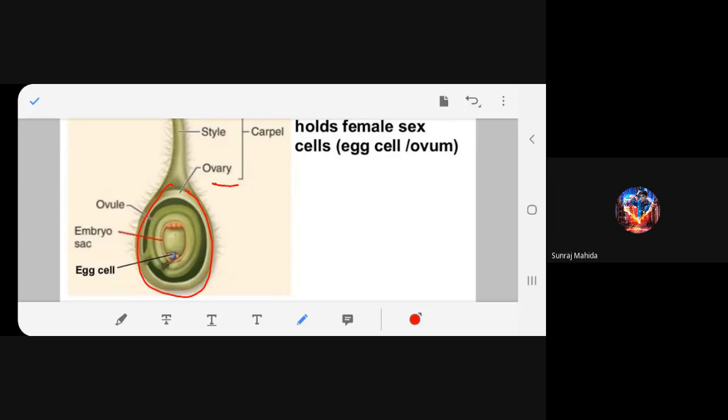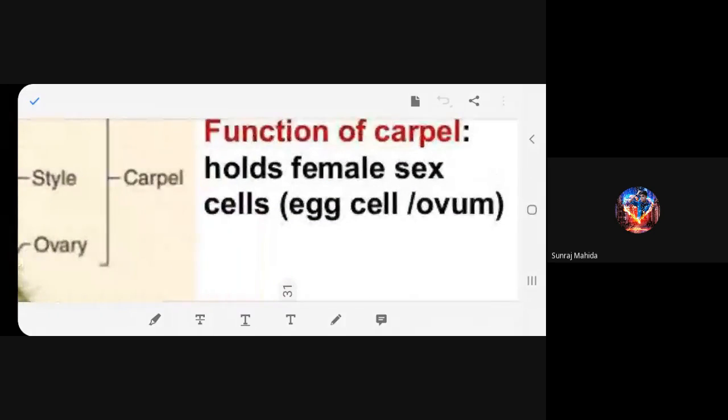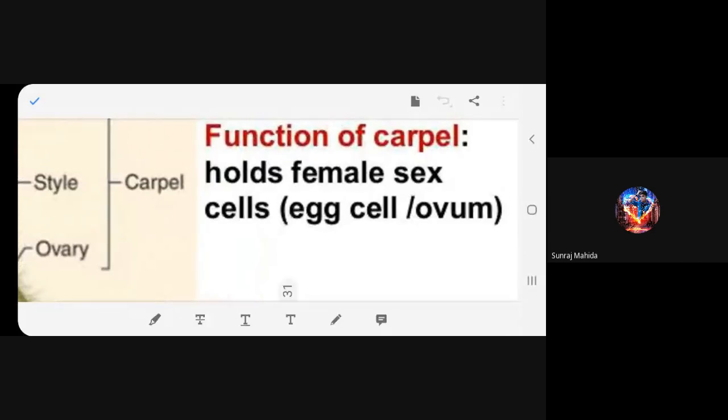Inside the ovary, we have the ovule. In the ovule, we have the egg cell, that is the female cell. The whole female sex cell is the egg cell, or ovum.